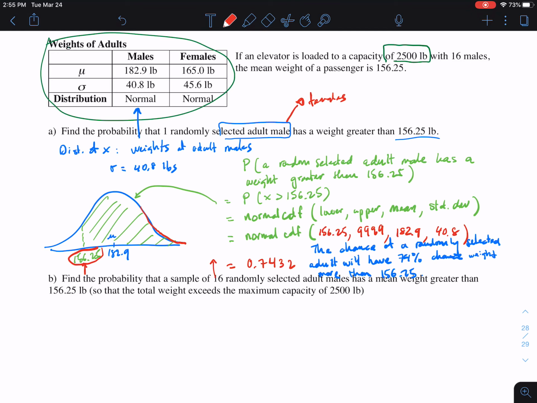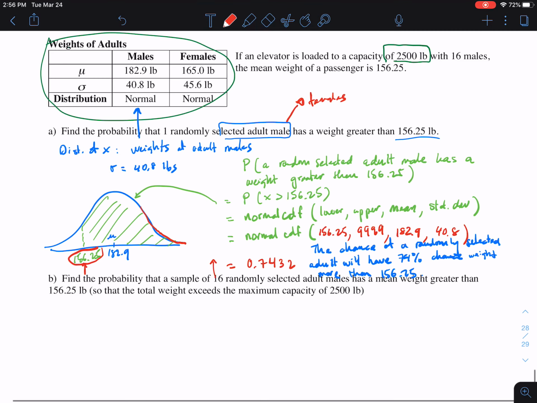Knowing there's a 74% chance that a random adult male will weigh more than 156.25 pounds, we want to know the chance that a group of 16 adult males walking into the elevator will have an average that exceeds 156.25 pounds, meaning the probability that the elevator will be overloaded if 16 adult males walk into an elevator at the same time.